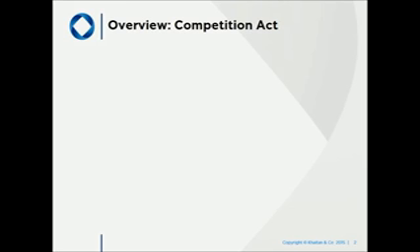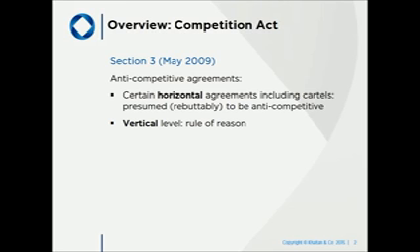Now let's get to the major sections of the Competition Act. The first one is Section 3 on anti-competitive agreements, and this went into effect May of 2009. This section covers both horizontal agreements, including cartels, and these types of agreements are presumed to be anti-competitive. In other words, that they are presumed to cause an appreciable adverse effect on competition in India.